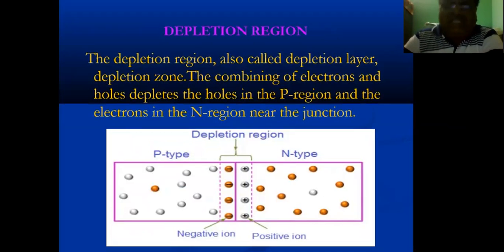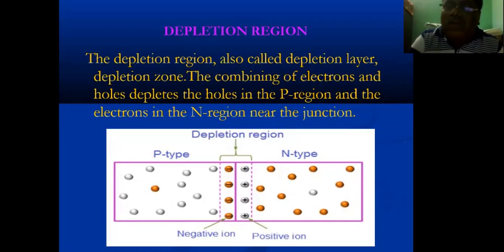So, the depletion region. This is also very, very important. Please try to understand what the depletion region is, when it is formed, and where it is formed. The depletion region is also called the depletion layer. Region or layer, these two words are different, but the meaning is the same.